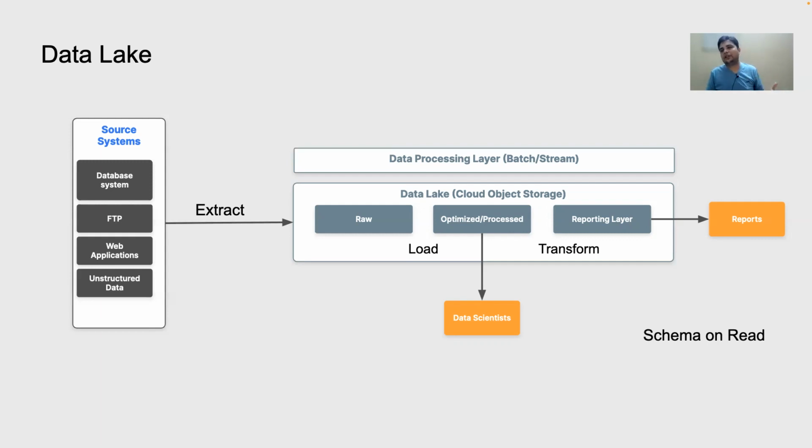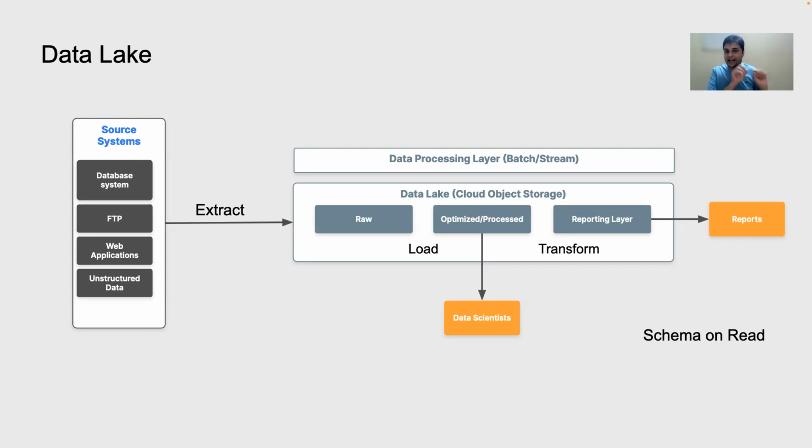Cloud object storages like S3, Google's Cloud Storage, or Azure storage are able to provide cheap and also unlimited storage. This paradigm really emerged.